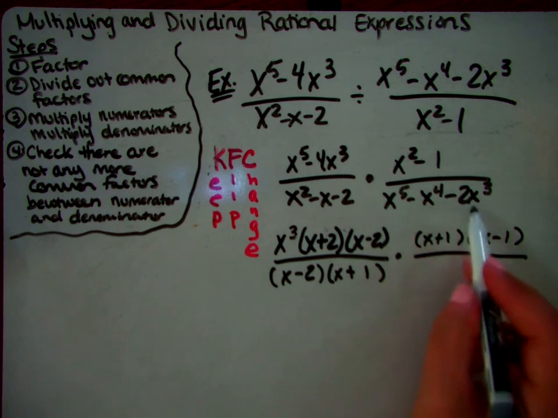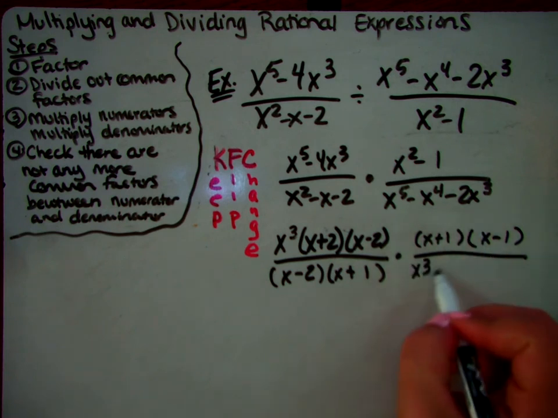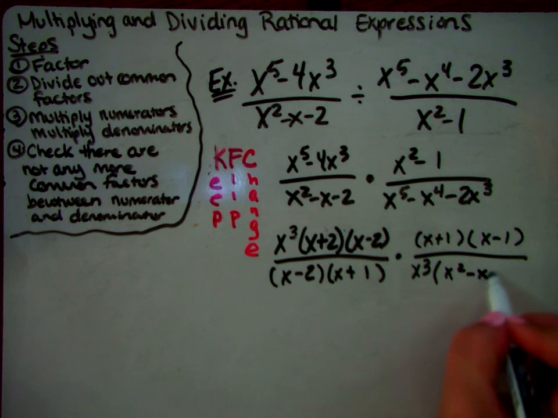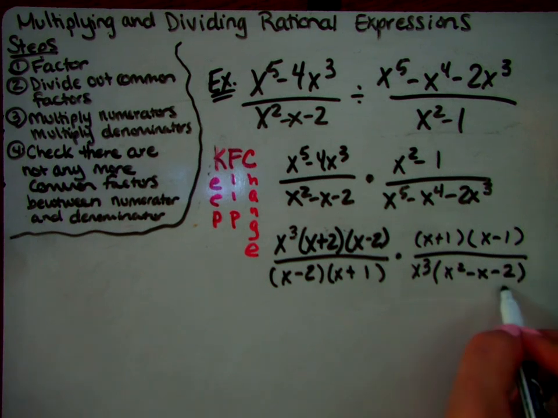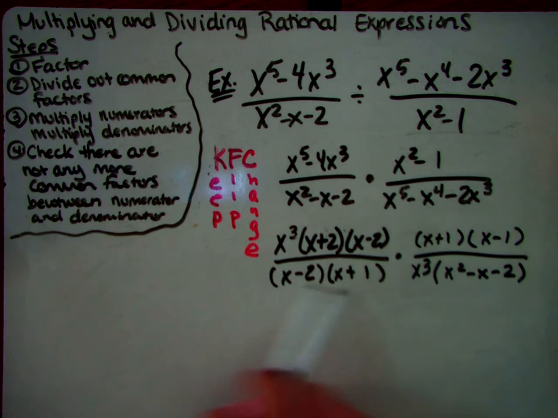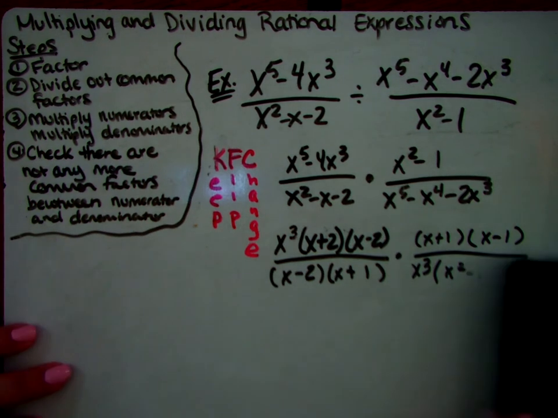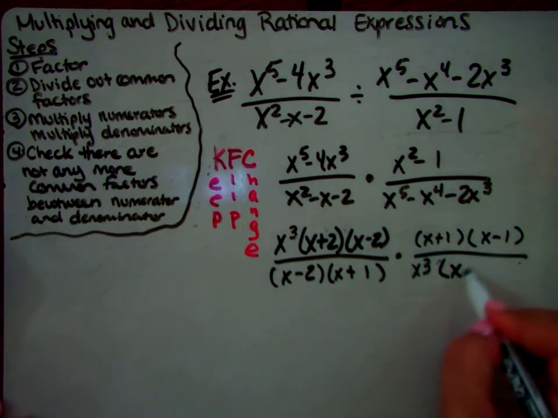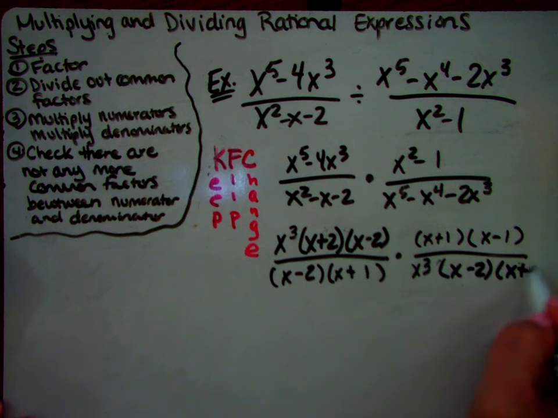And this guy, I can take an x³ out, and that's going to leave me x² - x - 2. But this guy, I can factor out. Look, that's the same as this guy. So that's going to factor down to (x - 2)(x + 1).